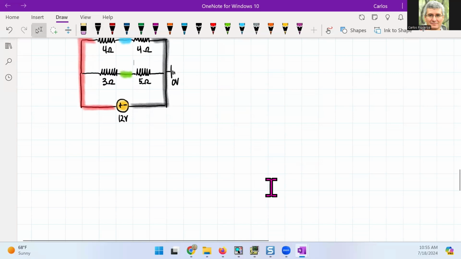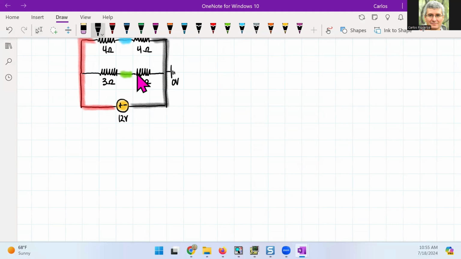So when I look at this thing, you can see that I have two resistors in parallel plus 2 in series in each of the branches. So when I'm looking at this guy, here's what I have.